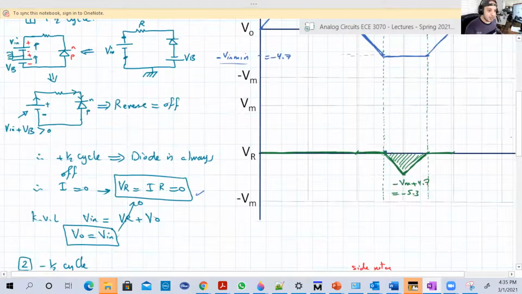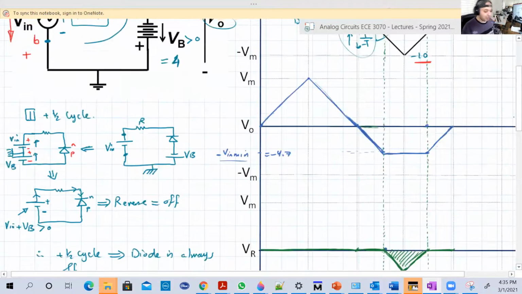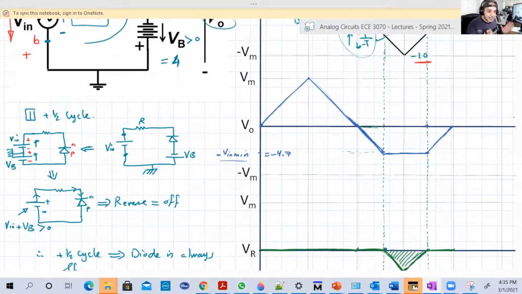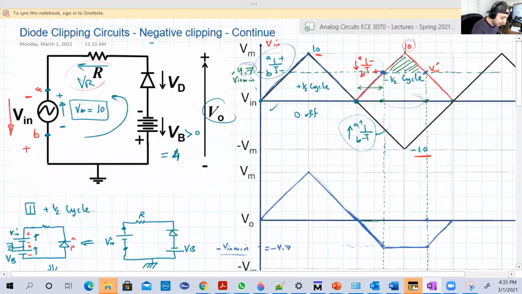This is VR and this is VO. Again, if you add them together using Kirchhoff, you're going to get this input again. I'm talking about the black one, or even the red one. From the original polarity, you have here V input in that way, and here is VR and here is VO. So V input equals VR plus VO.